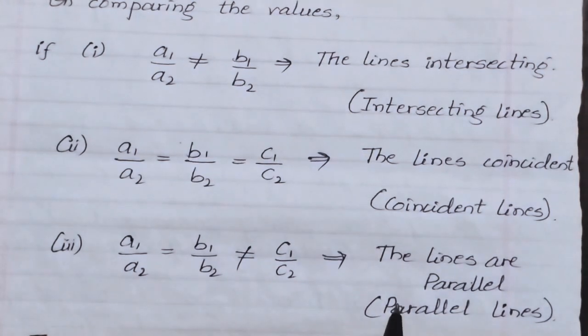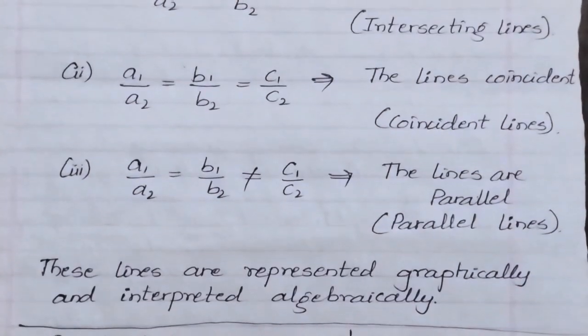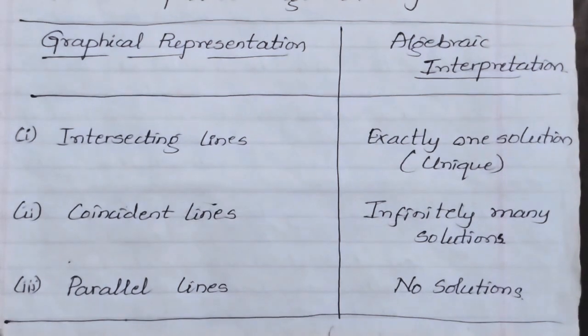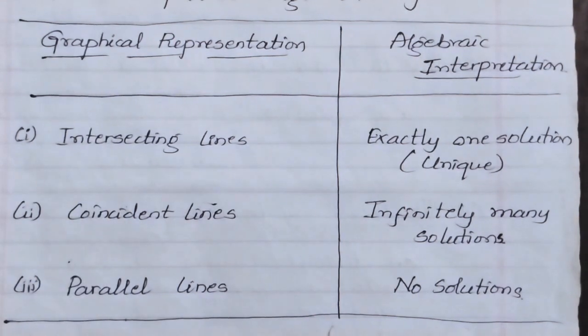Once you know the behavior of the lines, you interpret it algebraically. Interpretation is nothing but understanding this table, graphical representation and algebraic interpretation.